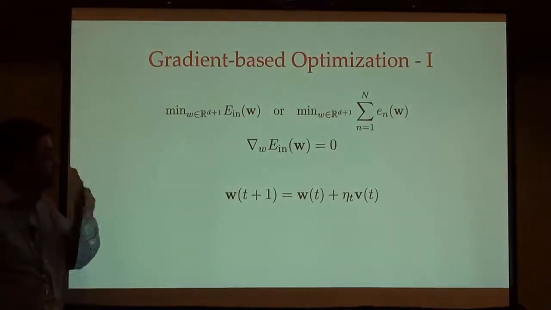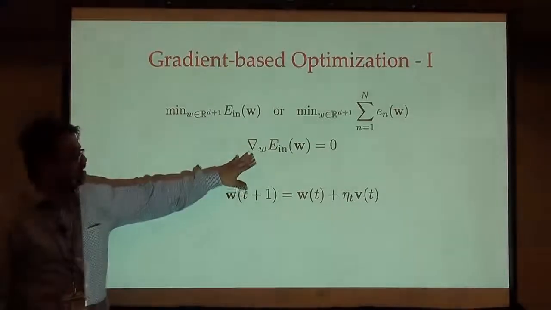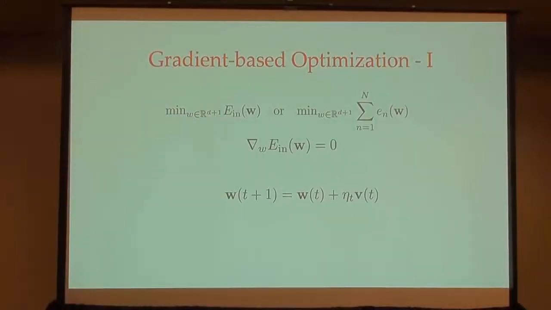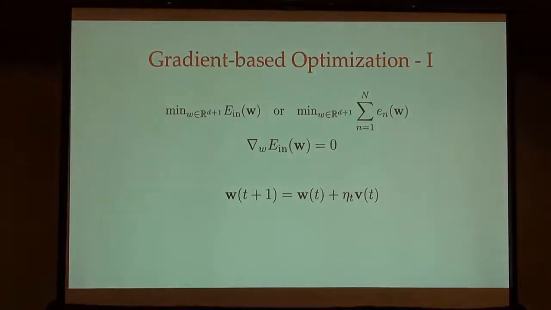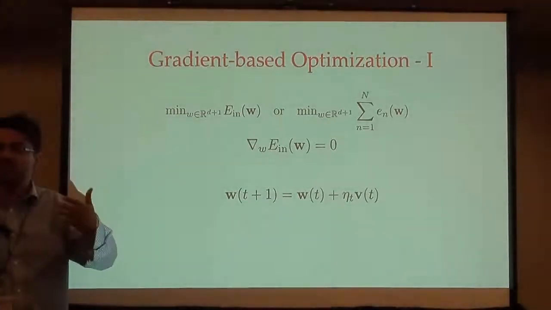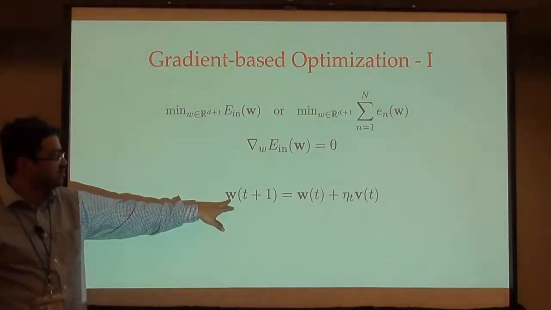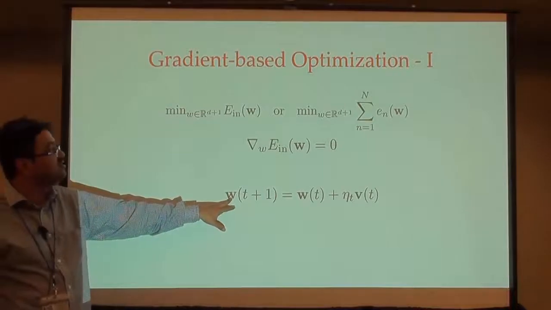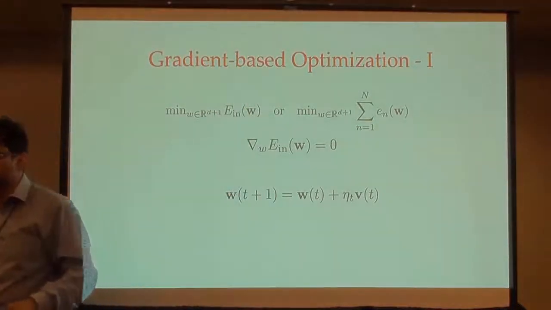So when you are doing any sort of optimization, what we are doing is an iterative procedure where we search for a particular value of the weights such that our objective gets improved. Right? That's what you're doing.